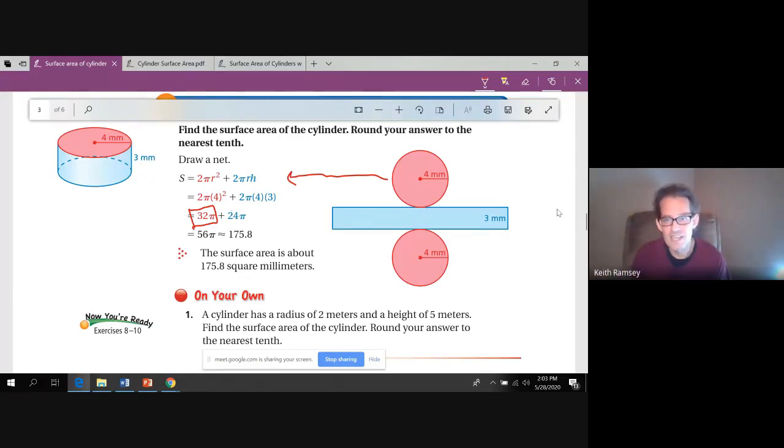So if the height is 3 and the radius is 4, you'd have 3 times 4 is 12, times 2 is 24. So that's where this 24 comes from here. Then you simplify it by just adding these 2 numbers together. You get 56, multiply that by pi, and that's where you get 175.8. That's the surface area of the cylinder.